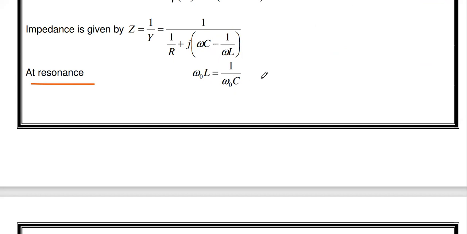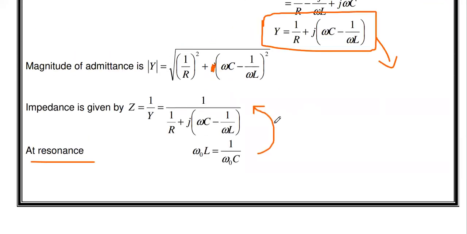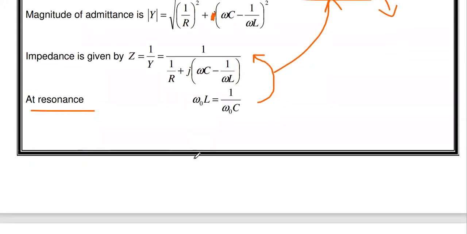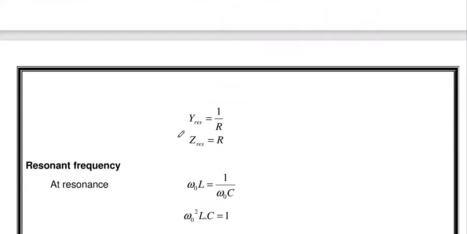So if you substitute this condition in the admittance equation, you get Y equal to 1 by R plus the imaginary part 0, since omega C and 1 by omega L are both equal. That's why the impedance Z can be written as 1 divided by 1 by R, which is equal to R. So you see the impedance at resonance is equal to R.